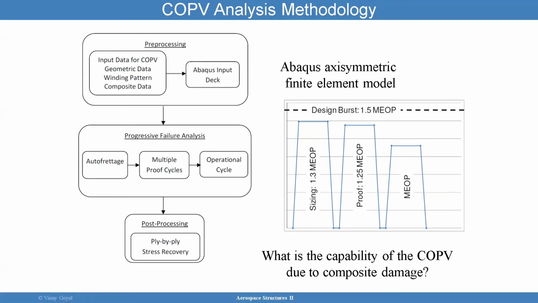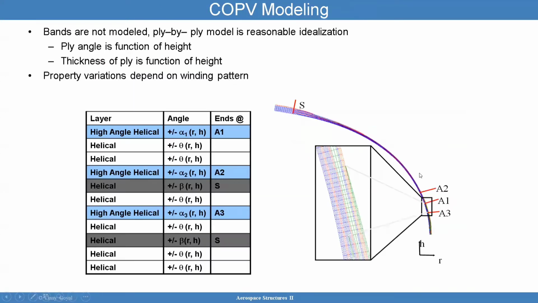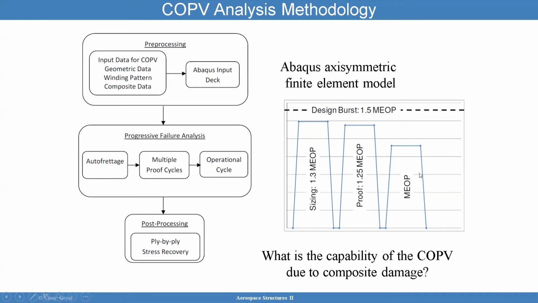And if you release the pressure, the composite wants to push the liner back where it was, but it can't because the liner has plastically deformed. So for that reason, the liner will go into compression. In the subsequent loading condition, you will have a proof test to make sure the workmanship of the overwrap is verified, and then you'll go into your operational cycles, the MEOPs.